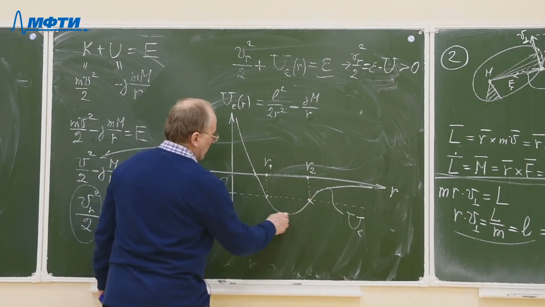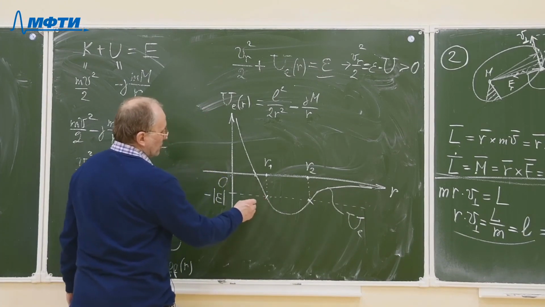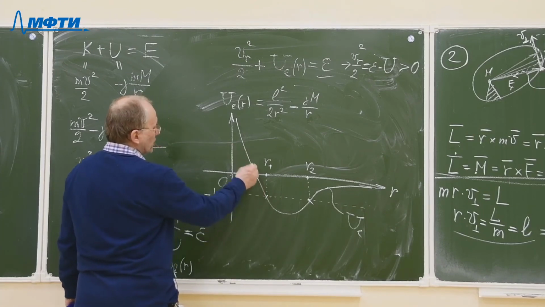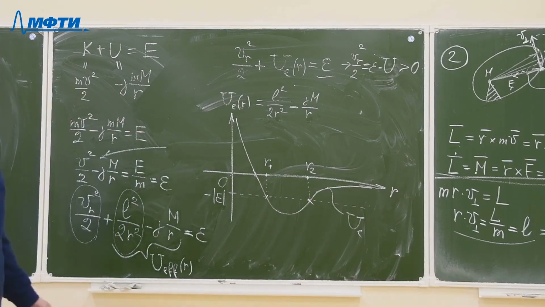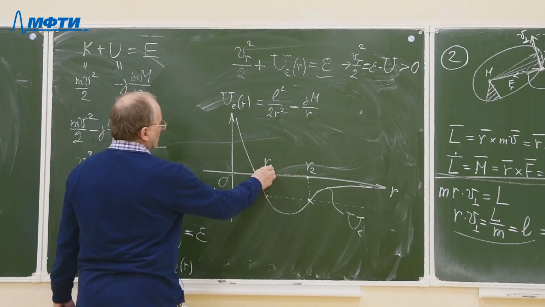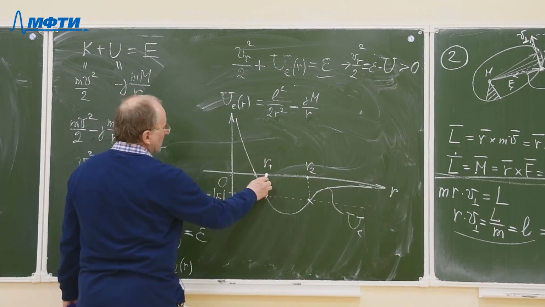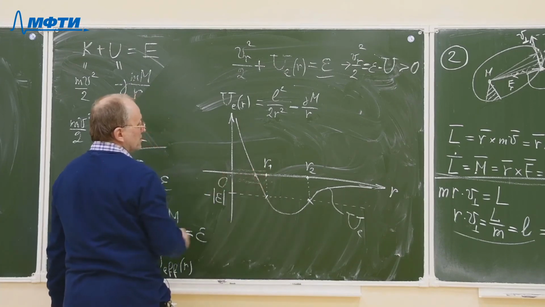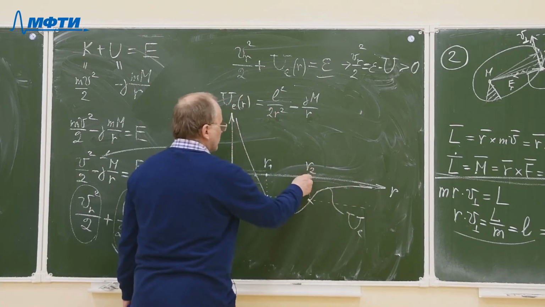It will be impossible for the planet to go closer to the sun, because if the distance is smaller than r1, the velocity squared will be negative, which is impossible. So this area will be forbidden for the planet. Also, this section will be forbidden. A distance larger than r2 will be impossible.